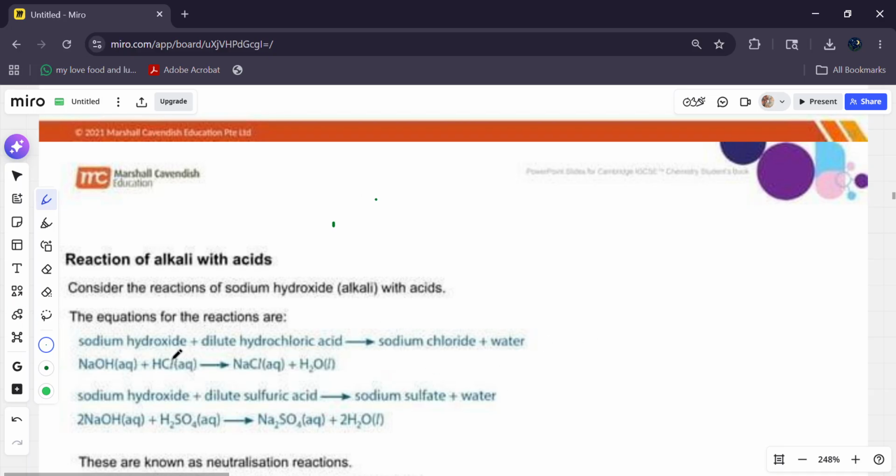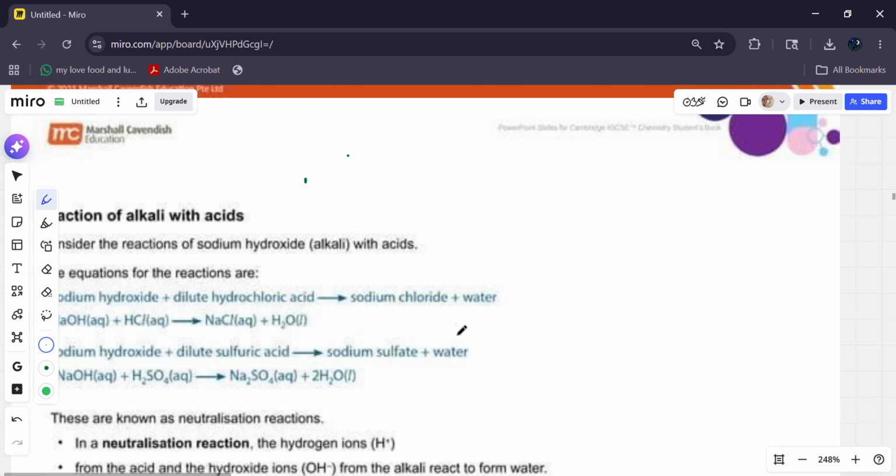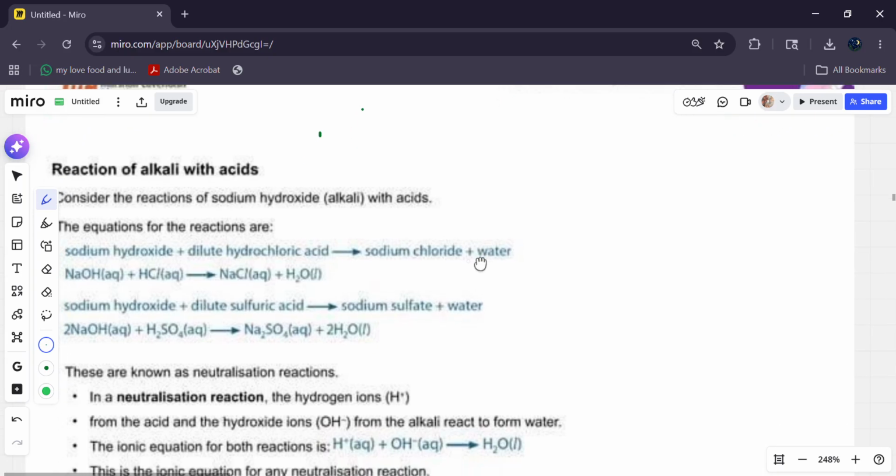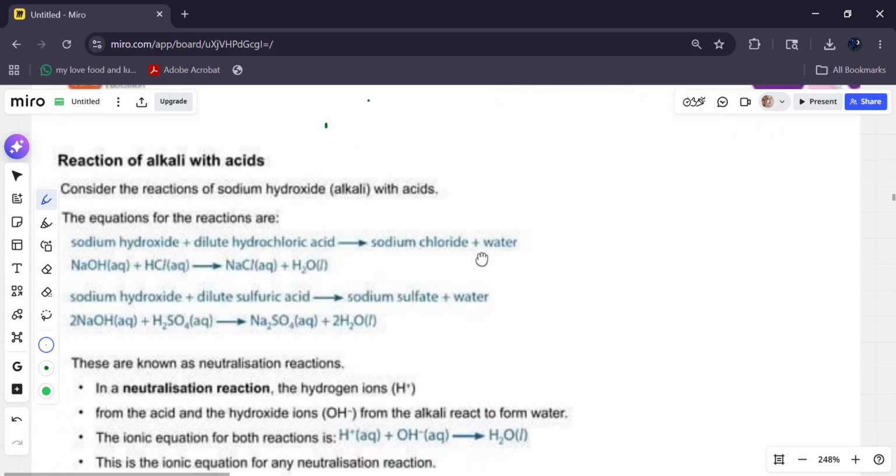Sodium hydroxide mixing with dilute hydrochloric acid produces sodium chloride plus water. NaOH is a base, an alkali, while dilute hydrochloric acid is an acid. So these reactions are known as neutralization.